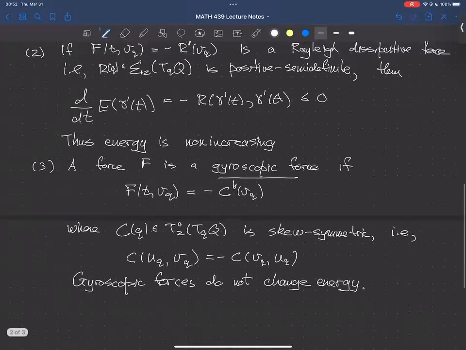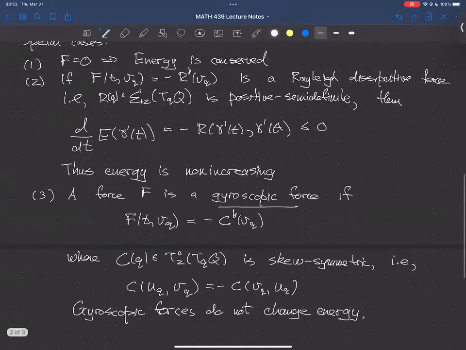And exactly for the reason that I outlined before, which is that if instead you put C here and C is skew symmetric, then because you're giving a skew symmetric bilinear mapping the same two arguments, it'll be zero. So the equations of motion are not the same. There's still a force being applied to the system. It's just that the force doesn't change the energy. It'll change the motions, but it won't change the energy.